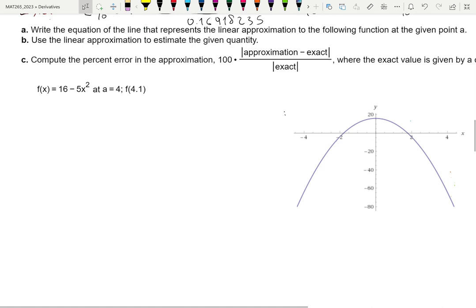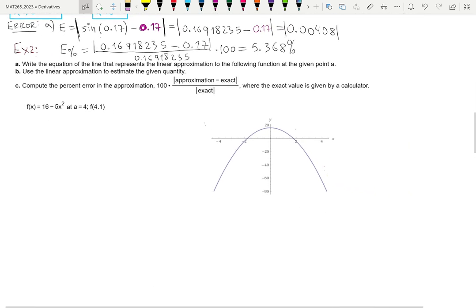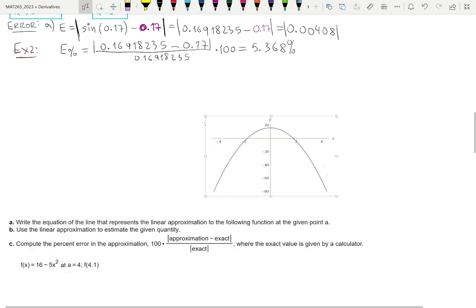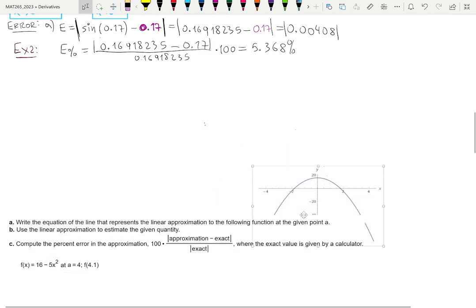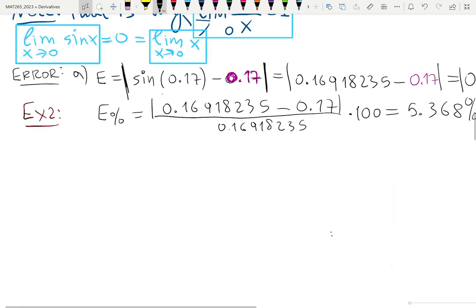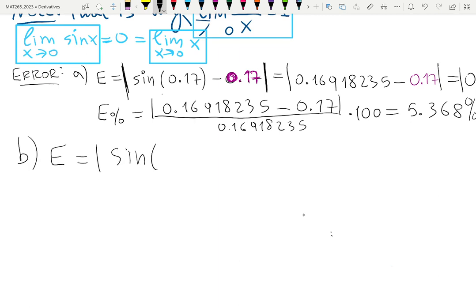We have that. Let's calculate other errors. Especially, I'm kind of curious about sine of 1. Is sine of 1 actually going to be close to 1 or not? So let's calculate the second one a little bit faster. B. B says, let's calculate E. That is sine of minus 0.88, right?